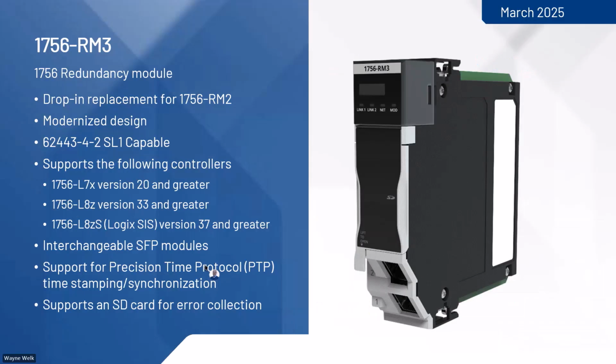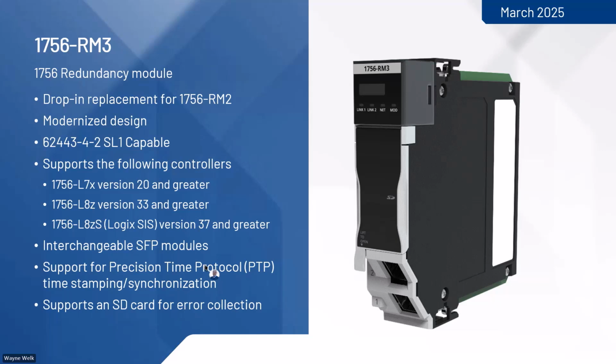And next slide. This is coming out fairly shortly as part of modernization plans. This is the last hardware slide I'll talk about, but the 1756-RM2 module will be going away. It will be replaced by the RM3. It will be backwards compatible down to V20, so that shouldn't be an issue.